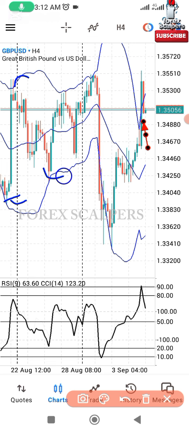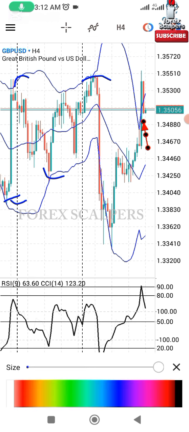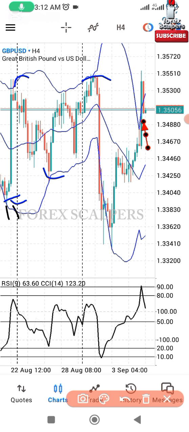Then we have this higher low and we have this higher high. That is exactly what we are having. A higher low, a higher high, a higher low, and a higher high.